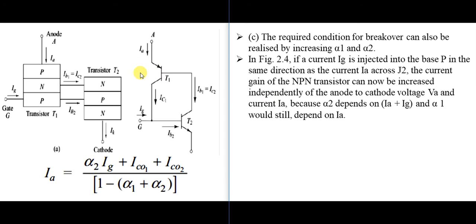So in this figure, if a current, that is a gate current, is injected into the base in the same direction as the current IA across the junction J2, the current gain of this NPN transistor will now be increased independently of the anode to cathode voltage VA and the current IA, because the value of alpha 2, means the current gain of transistor 2, depends on the anode current and the gate current.